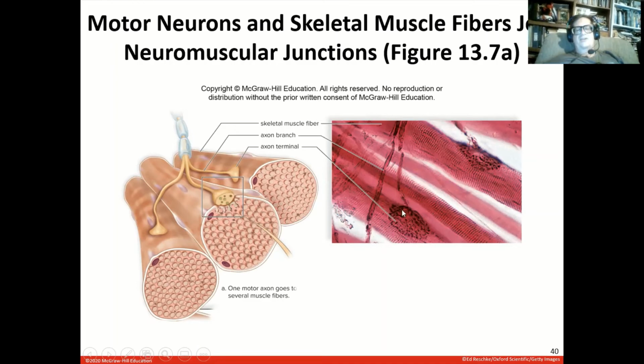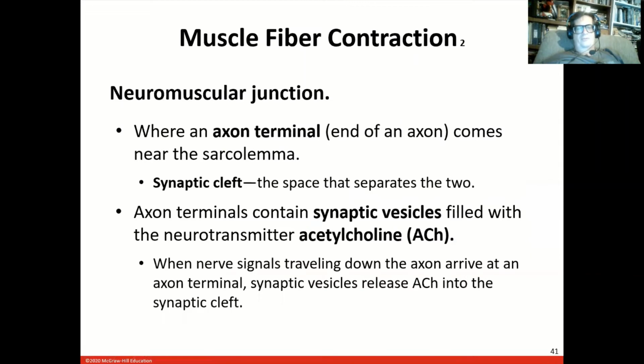The end, the terminal, is a big wide area, kind of a disc attached. Okay, so an axon, part of the nerve that carries a signal, goes to skeletal muscle fibers, and it ends in a terminal that's touching or very, very close to that muscle fiber.